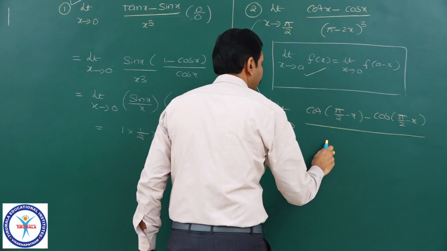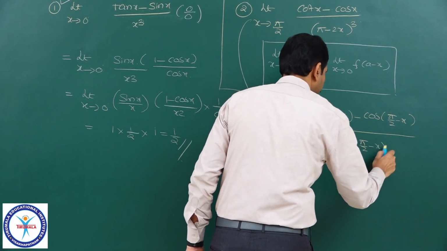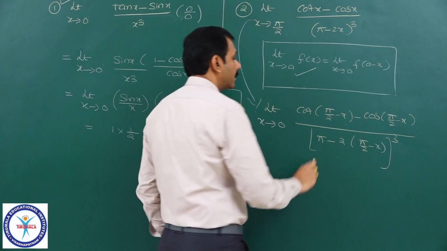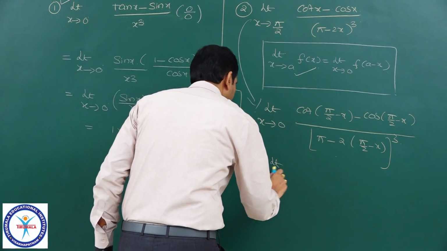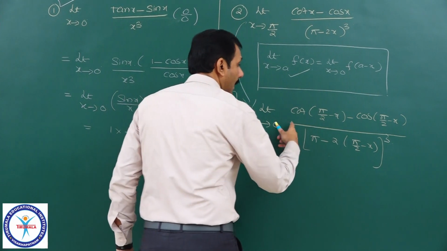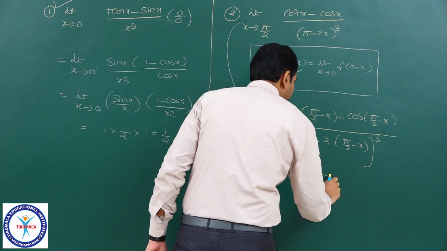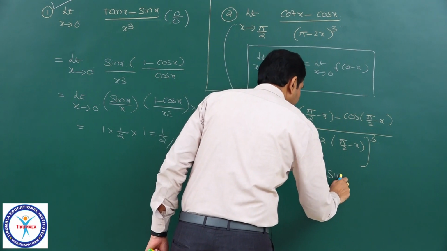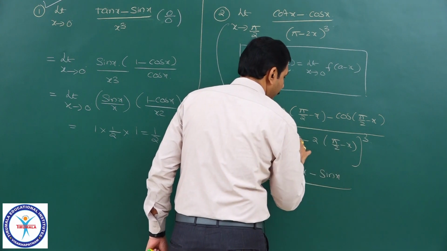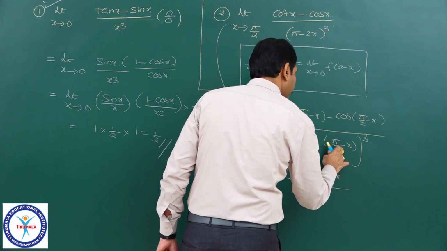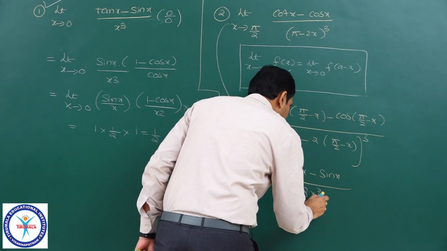In the denominator it is pi minus 2 times (pi by 2 minus x), whole cube. It is equal to limit x tends to 0 of cot (90 minus theta) is tan theta, cos (90 minus theta) is sin theta, by, if I take 2 inside, pi and pi cancel, it is plus 2x, 2x whole cube means 8x cube.